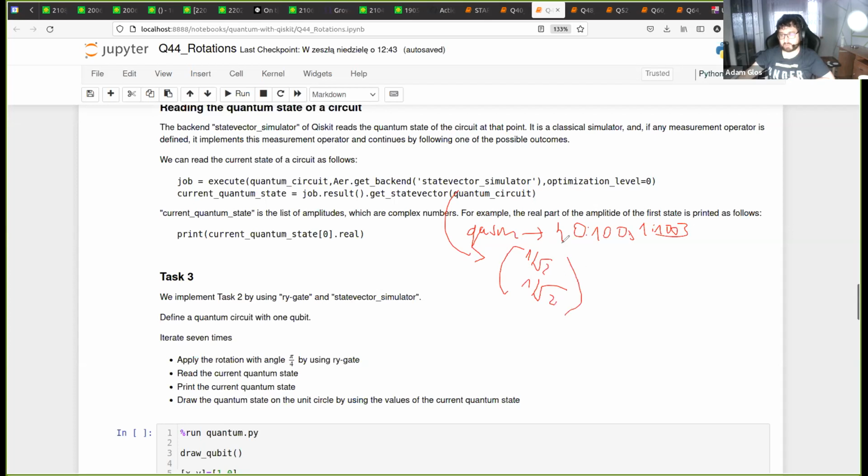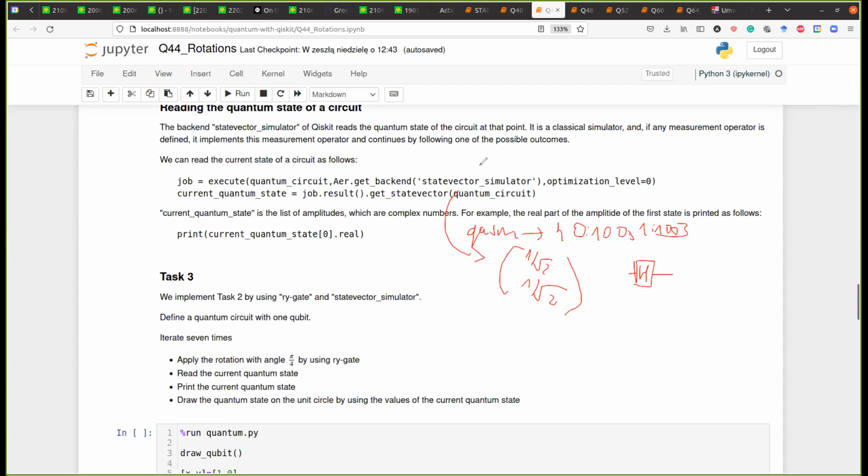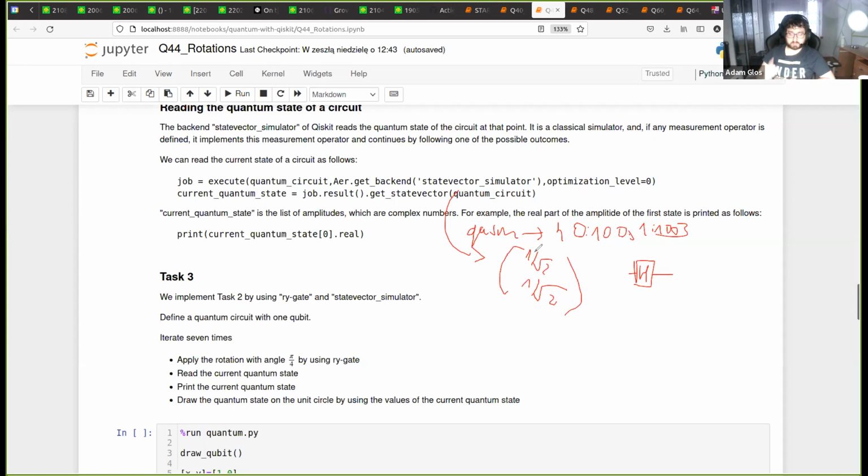So this could be an example, right? If you have a circuit like this, only applying Hadamard, the state vector will give you the actual ideal quantum state, but this is not physical. This is not how a quantum computer works. And QASM will simulate the quantum computer and give you statistics of getting zeros and ones, which is exactly how quantum computers work right now.